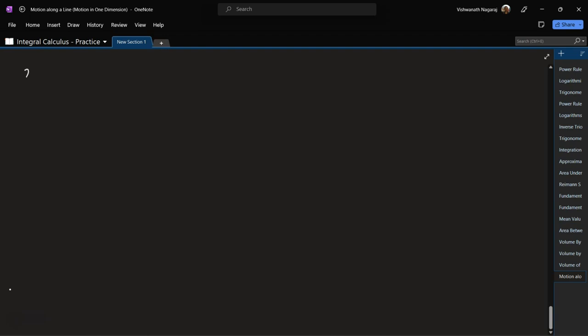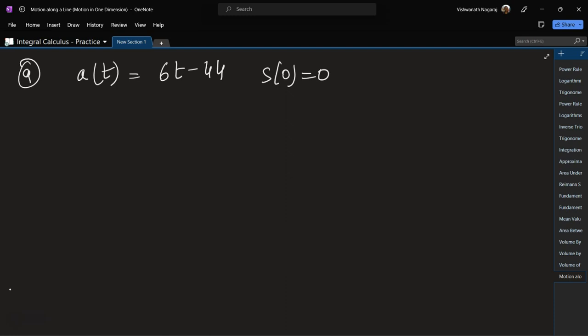Now ninth, a of t is equal to 6t minus 44. s of 0 equal to 0 and v of 0 is equal to 121. Okay. So now again we have to figure out the v of t and s of t, velocity and displacement.